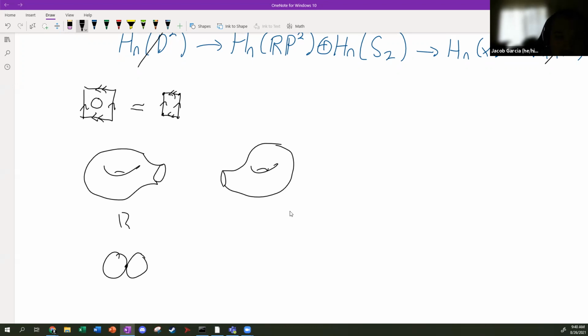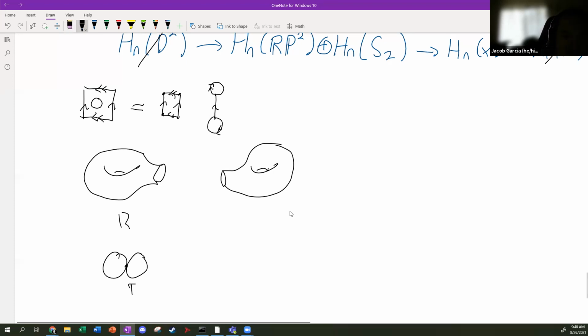And then you identify this, and this goes this way, and this goes this way, I think, if I did this correctly, right? And then you glue these two circles together and you get the figure 8, right?